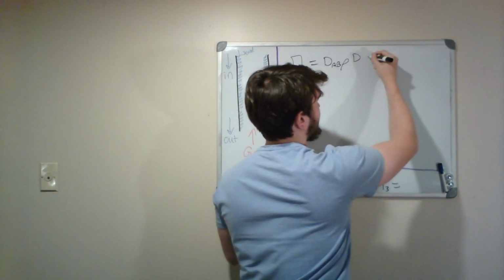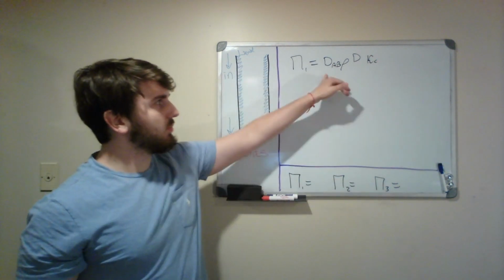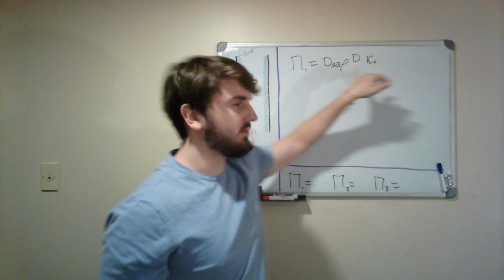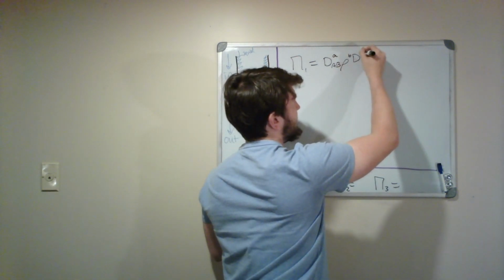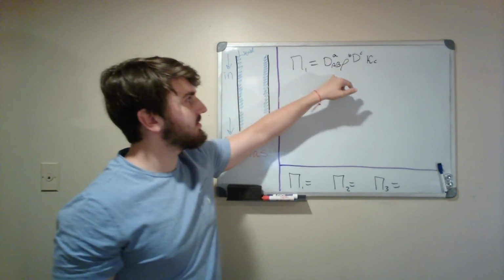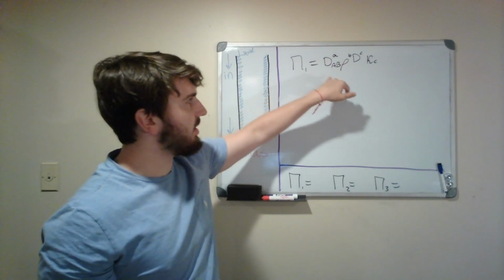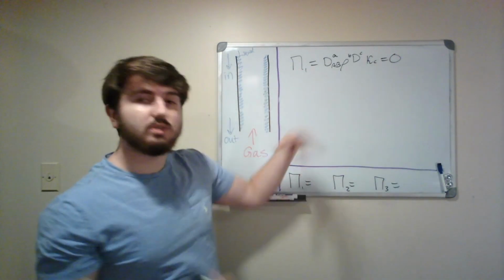We're going to have that mass transfer coefficient as our variable. But we're going to want to have exponents on these. So we're going to have it that this is A, B, and C. Because we're going to solve for those, and find a way to make this all equal 0.